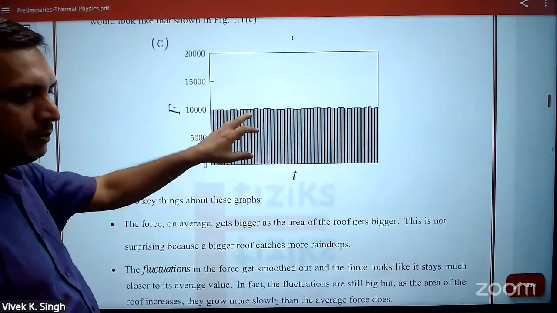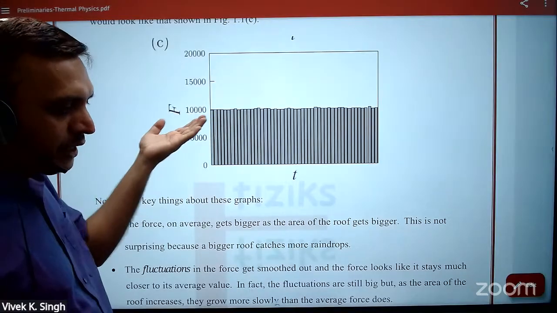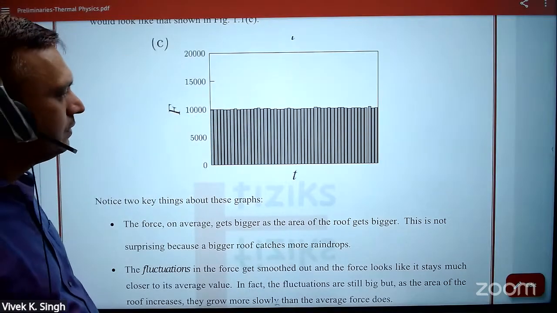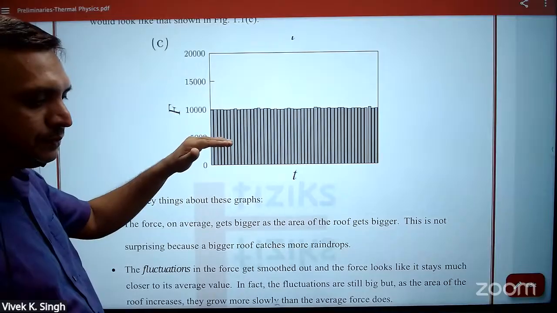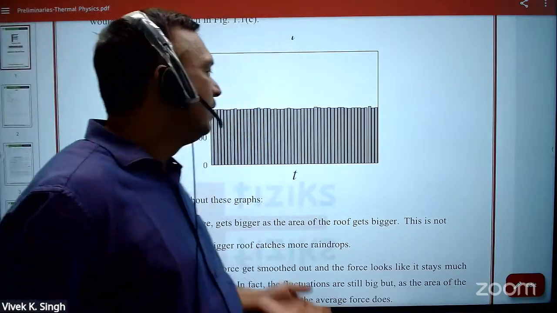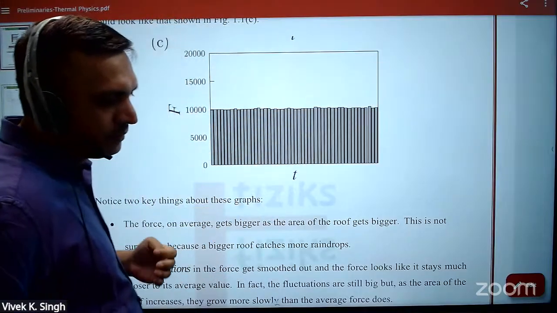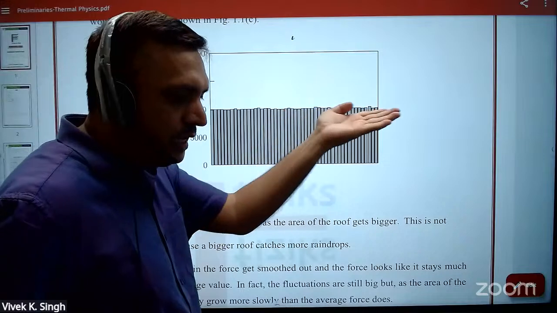You have this type of situation. The fluctuation and average value are almost the same. I have further increased the area. Is it clear? Now you can see the fluctuations are smoothed out. It is almost equal to the average value.